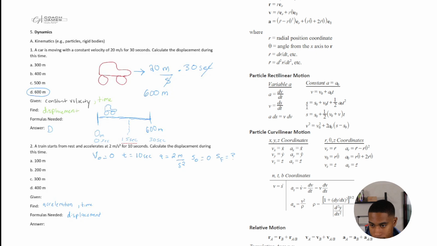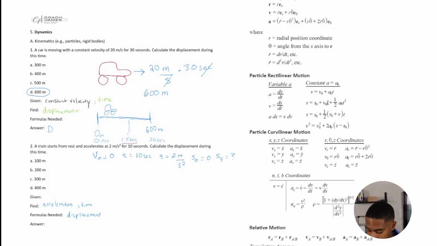All right, we have S final, right? That's what we're trying to solve for, so that's fine. S0 we have, which is 0. Do we have V0? Yes, it's 0 meters per second, because it's at rest to start.